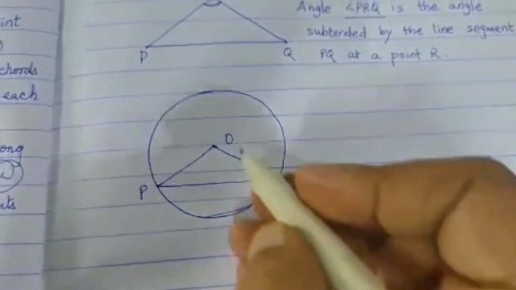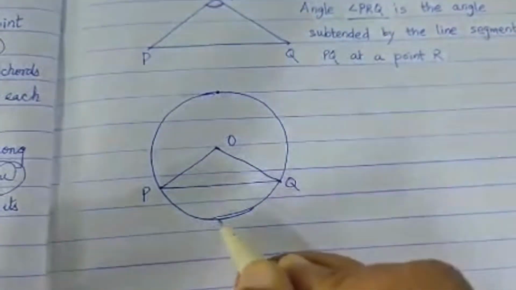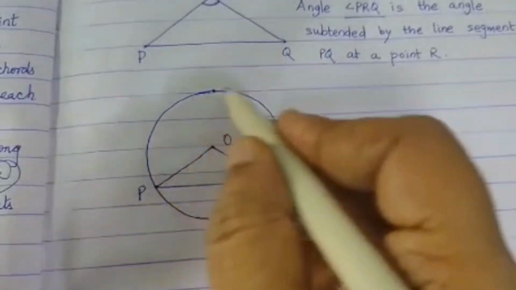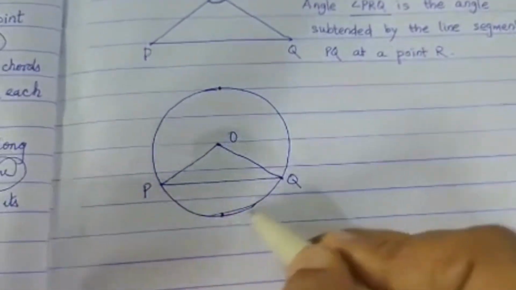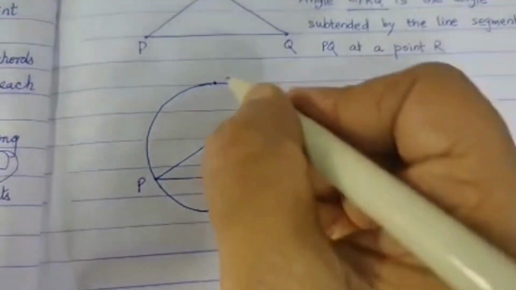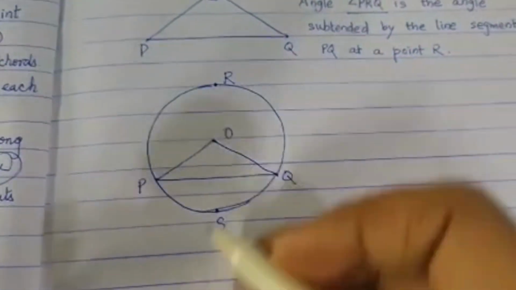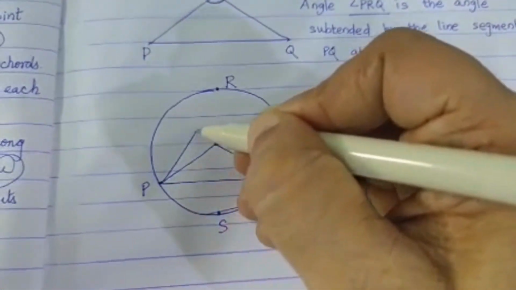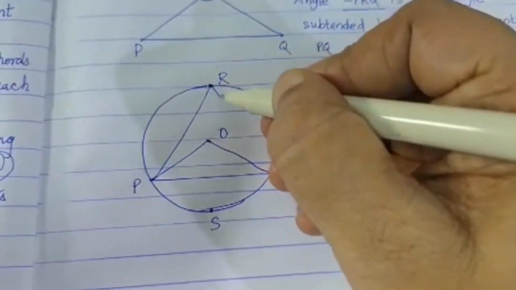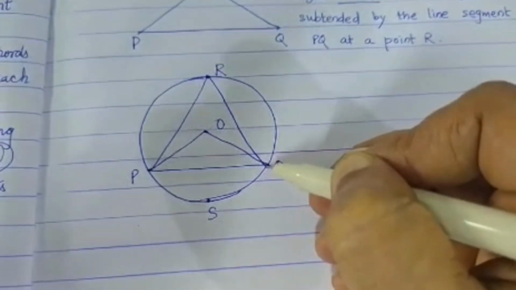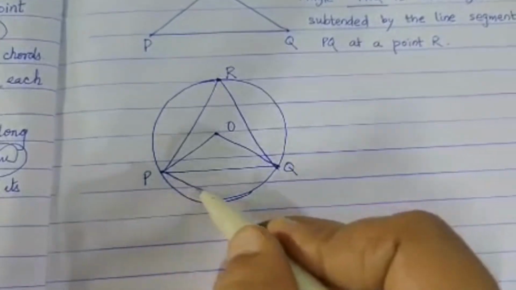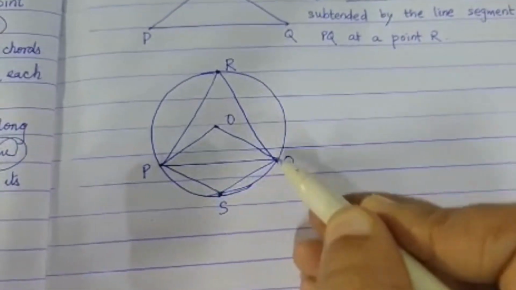Let us take a point in the major arc and a point in the minor arc. Let us name them R and S. Now let us join PR and QR, and also PS and QS.